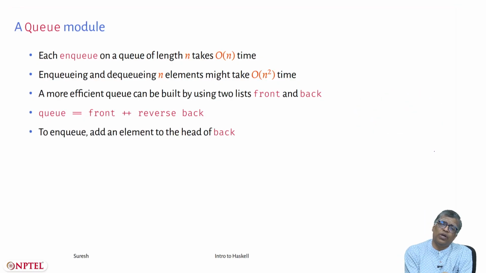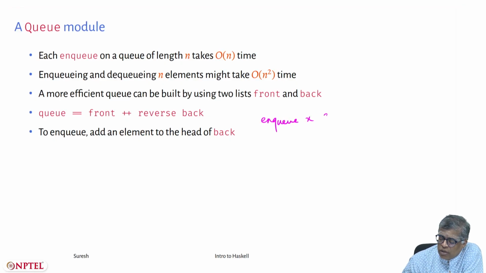To NQ, you need to add an element at the back. This is actually derived, because you're saying Q is front plus reverse of back. So NQ of X in Q is nothing but Q plus X, but Q is front plus reverse of back, remember.